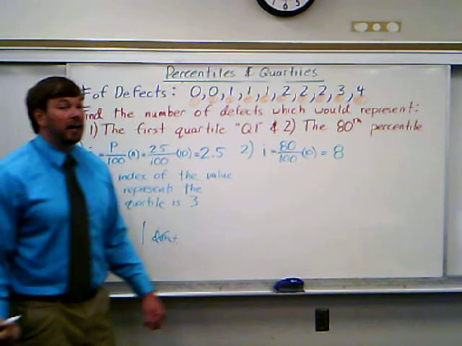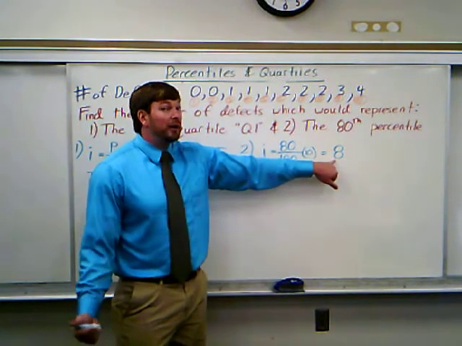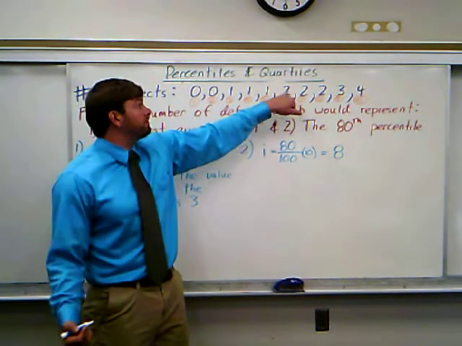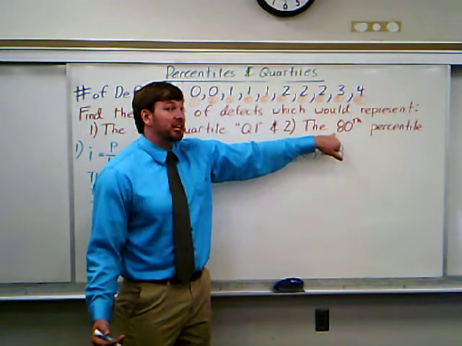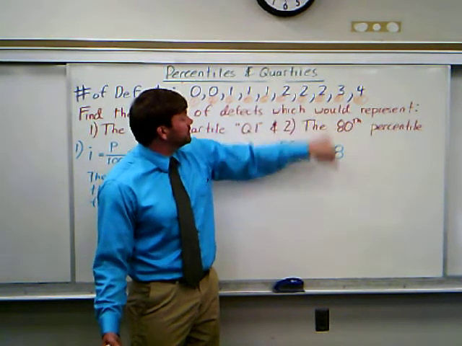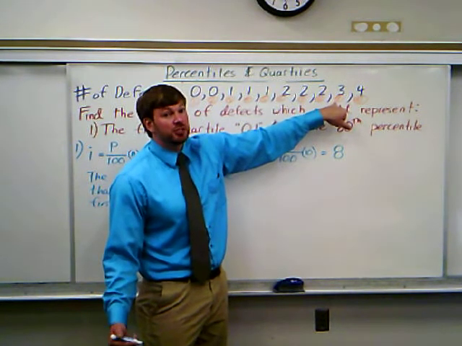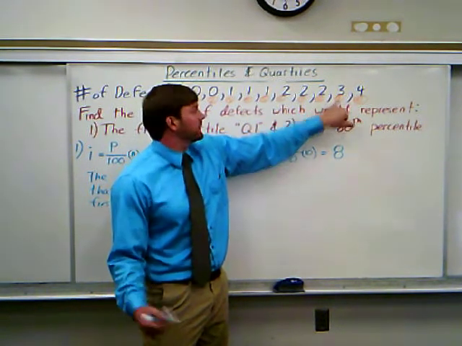Now, because we got an index value that is a whole number, what we have to do to figure out the number of defects that represents this 80th percentile is take the average of the value in the 8th position plus the value in the 9th position, or 8 plus 1, 9.